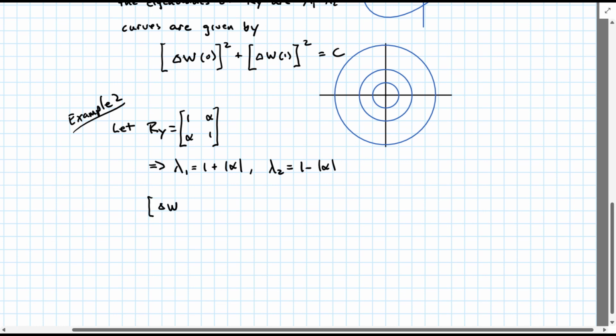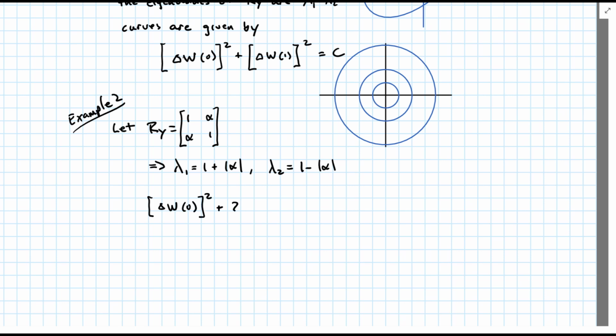So we have delta W0 squared plus 2 alpha delta W0 delta W1 plus delta W1 squared equal to a constant.